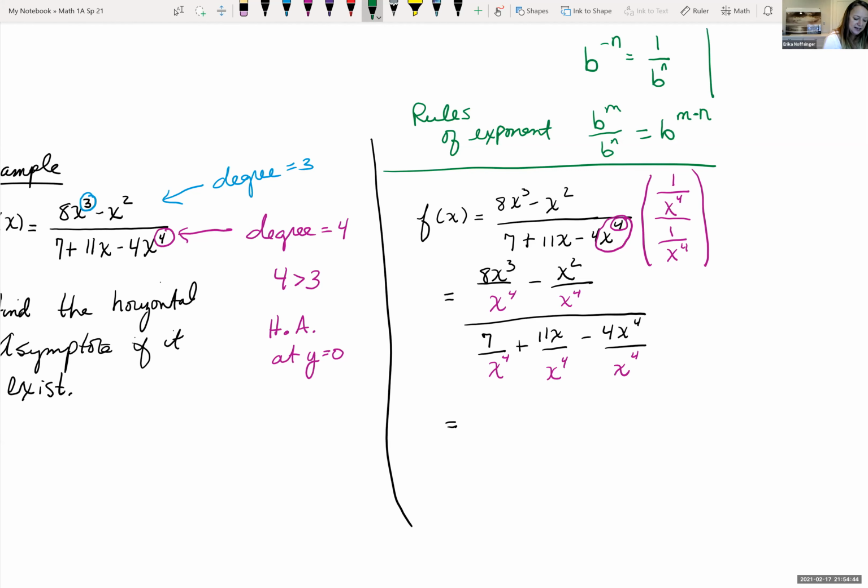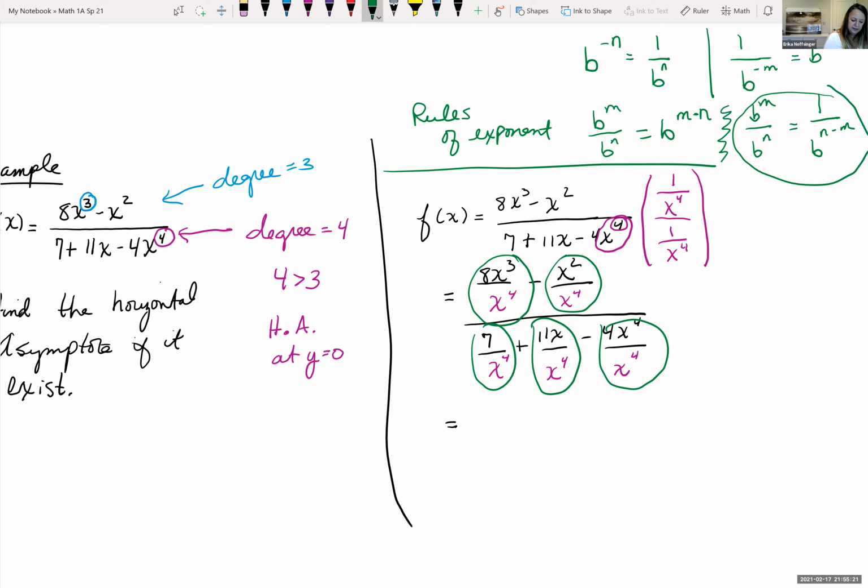Or if we had 1 over b raised to a negative exponent, we bring it up to the numerator to make it positive. So in this case, we could also write b to the m divided by b to the n as 1 over b to the degree in the denominator minus the degree in the numerator. So let's use that fact when we're doing these.